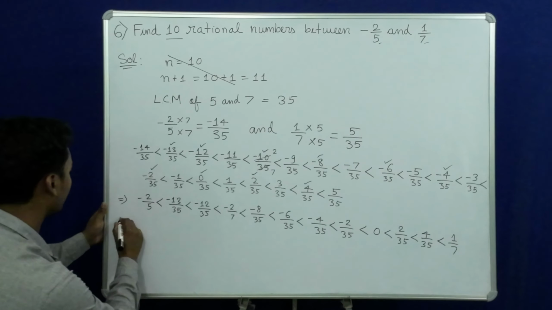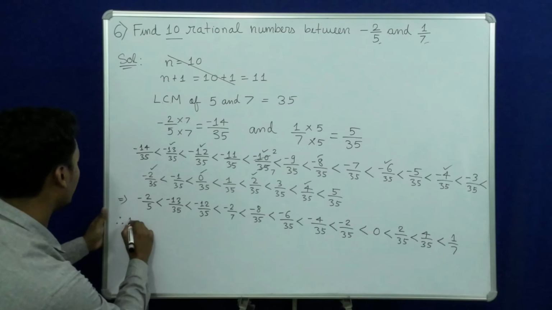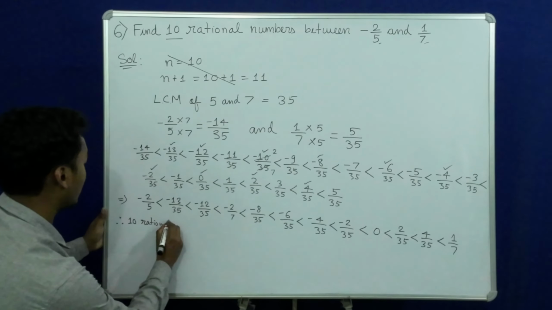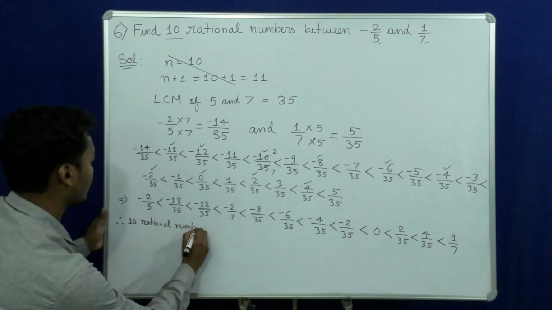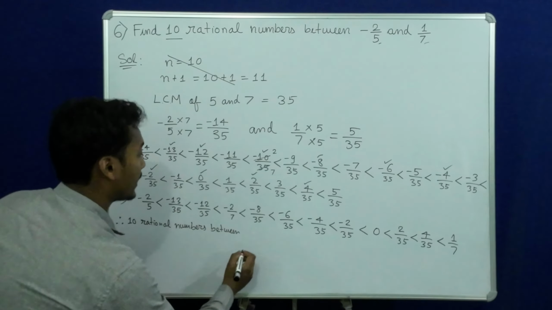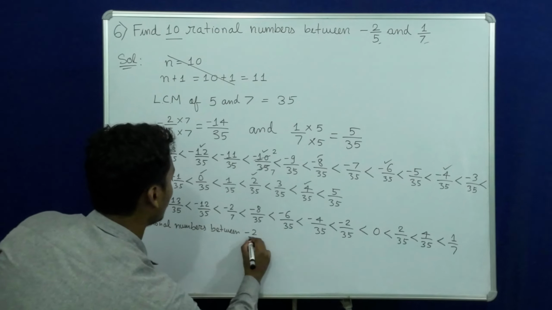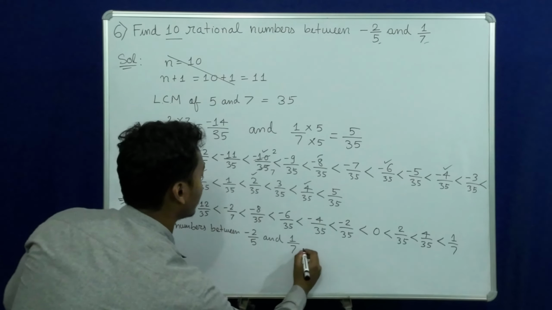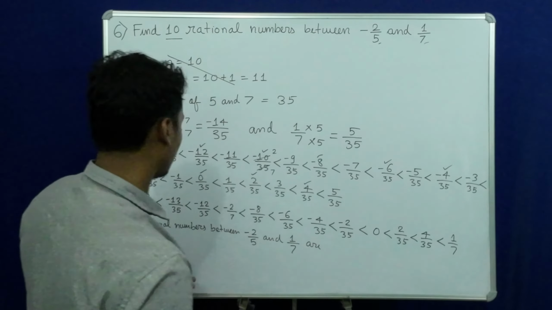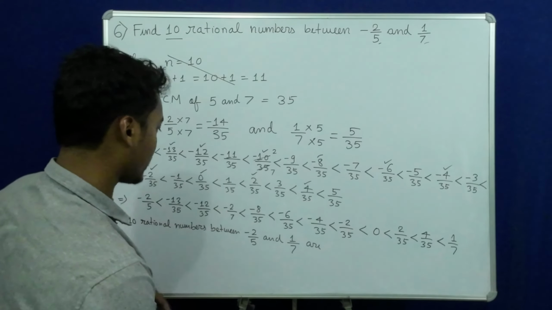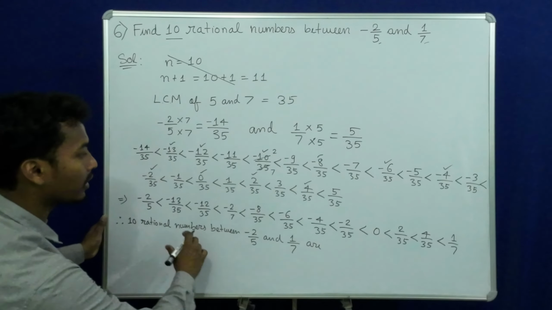Therefore, 10 rational numbers between negative 2 by 5 and 1 by 7 are, so let's write it in the next line itself so we can fit in there.